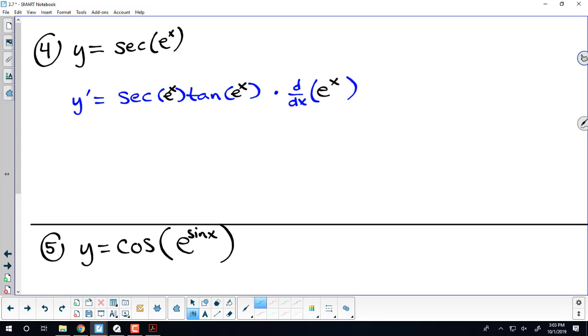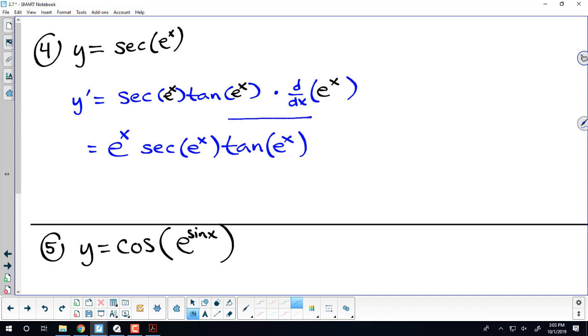So we have e to the x times the secant of e to the x times the tangent of e to the x. So that's version 2, of course. Anyone have any questions on that?